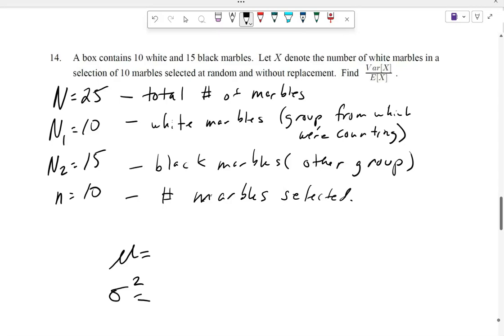Using our formulas, what is the mean? Okay. Yep. So it's little n times capital N1 over capital N, right? Four.